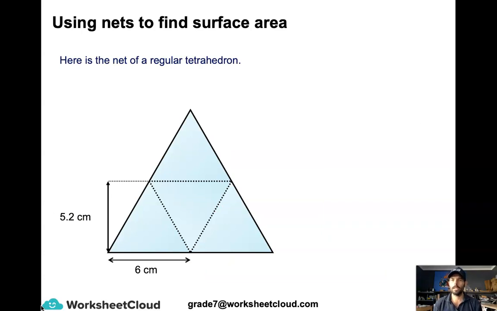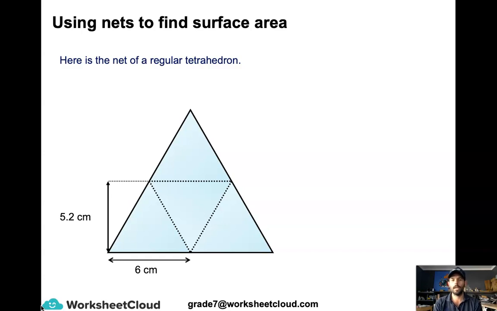Here's your last net that I want us to work out. Now, we've already done a lesson on area of triangles, so I would encourage you to go back and have a look at that lesson with online activity and memo, just to brush up and revise and consolidate that specific skill.